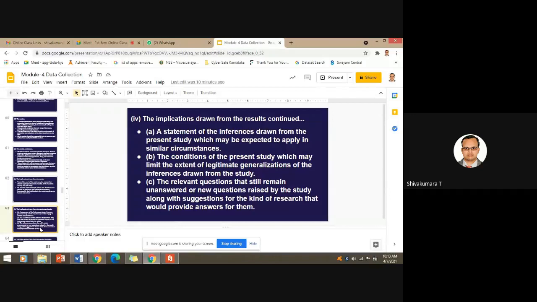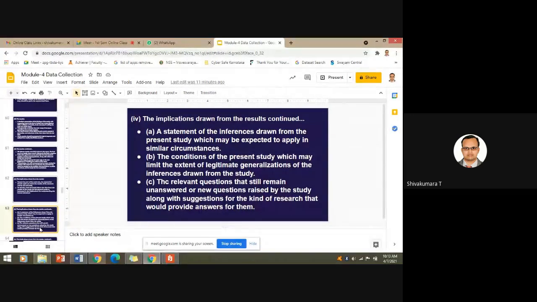The second is the conditions of the present study, which may limit the extent of legitimate generalization of the inferences drawn from the study. Suppose you made the study for the Yelahanka junction, and you try to apply the same study for the Silk Board junction, or for some Marathahalli junction.